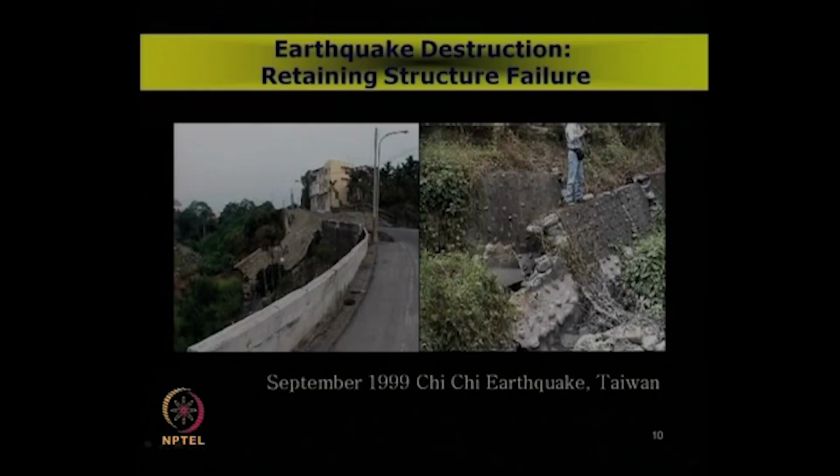You can combine it probably with slope stability also for this retaining wall. As you can see, this wall is constructed on a slope. So, this is the exaggerated view of this portion, that is, the entire thing came down. So, the retaining wall also failed as well as the slope instability occurred under the earthquake condition of this Chichi Taiwan earthquake.